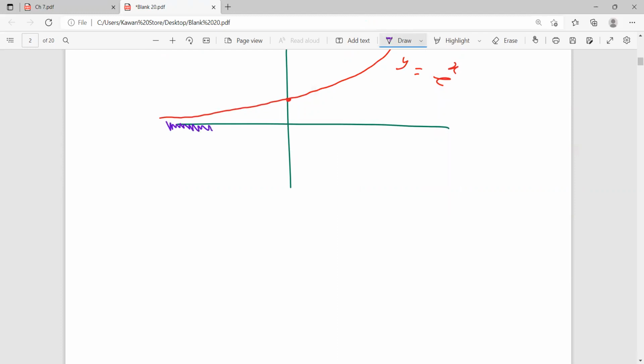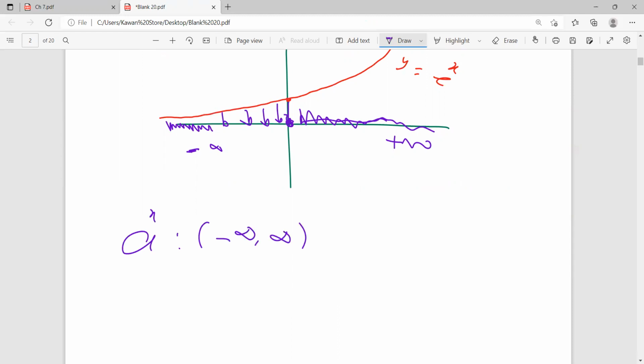The shadow over the x-axis, you can see, starts from negative infinity, 0, also positive infinity. Am I right? So that's why we say for the function a to power x, the domain is from minus infinity to infinity. Am I right? Good. How about the range?